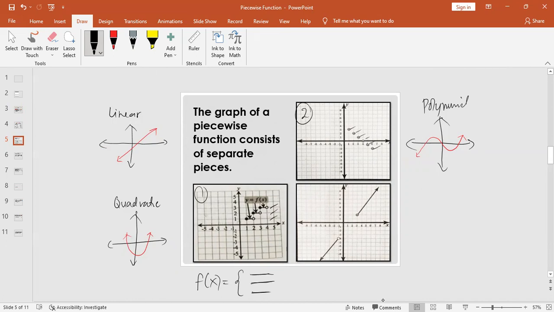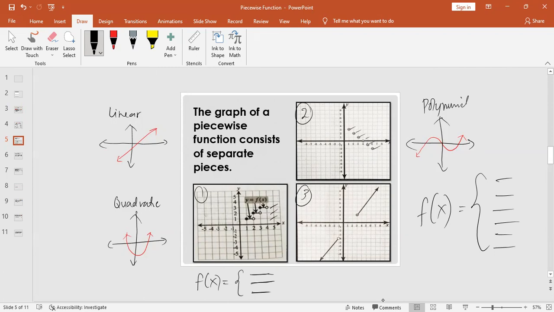Parang ganito yan. 1, 2, 3, 4, 5, 6. And in the last graph, there are 2 subfunctions. So that's how the graphs of piecewise function differ from the other graphs that you know already.